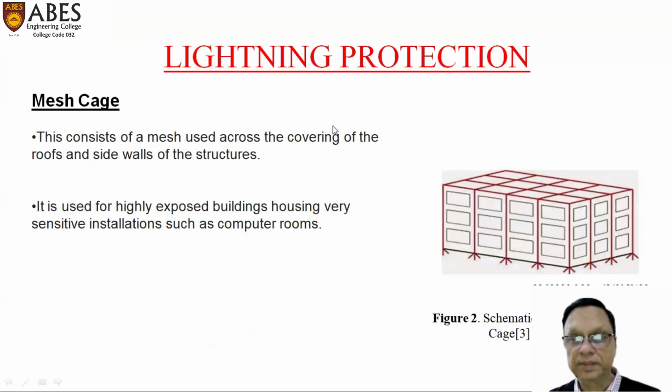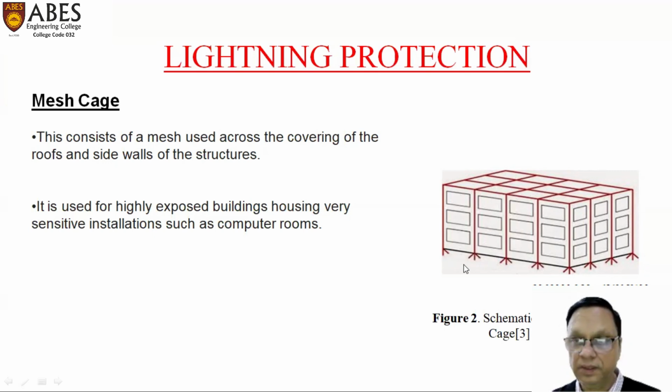Next is the mesh cage. Here we are seeing a building, and it has been covered by a mesh cage. A mesh cage is nothing but a mesh used across the covering of the roofs and side walls of the structure. All these red lines are grounded.